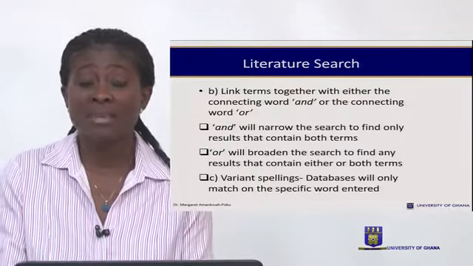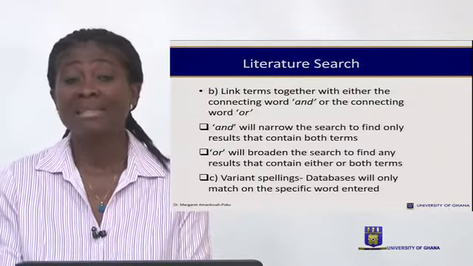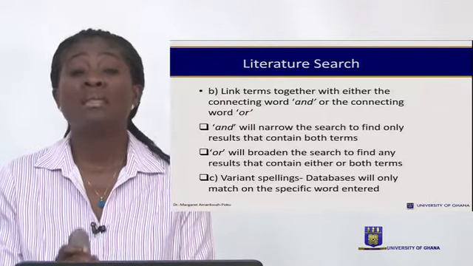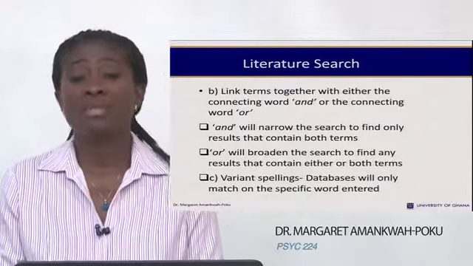So I'll have diabetes and then I'll have management. On the other hand, if I put in the word "or" to connect diabetes and management, so it says diabetes or management, this will broaden the search and it will bring out any information that contains either or both terms.